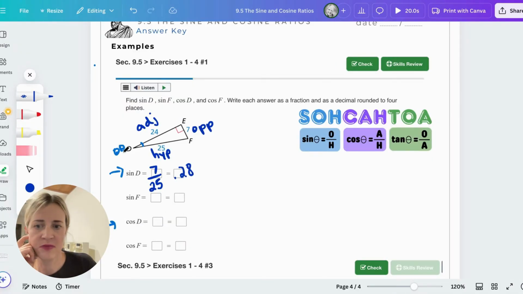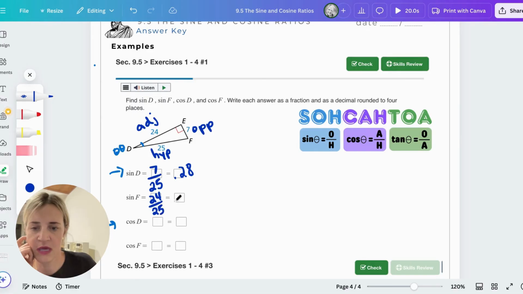Cosine of angle D, we're still looking at angle D. Cosine is the ratio of adjacent over hypotenuse. So the adjacent is 24, over hypotenuse, 25.